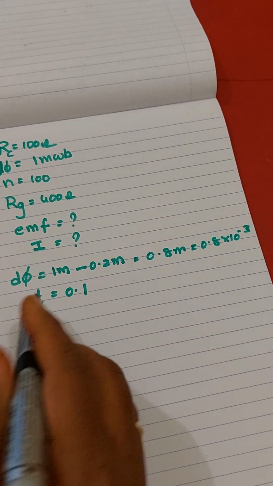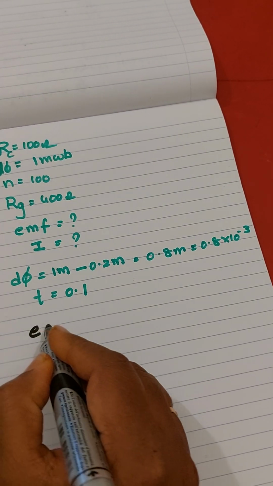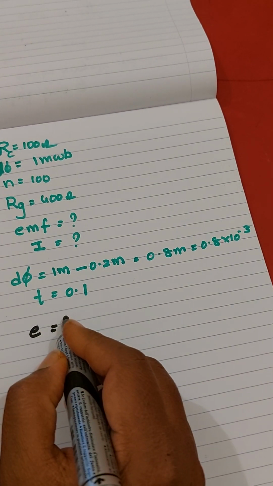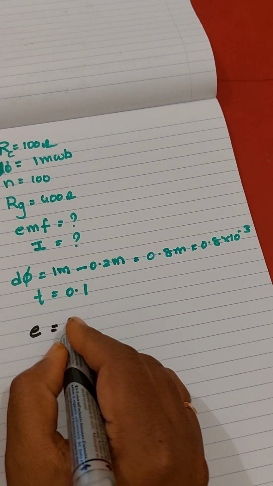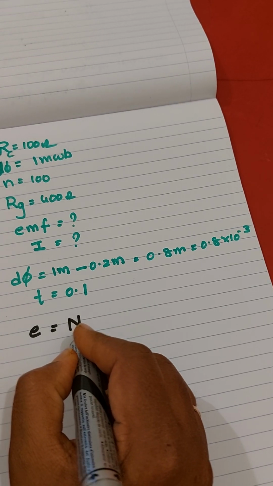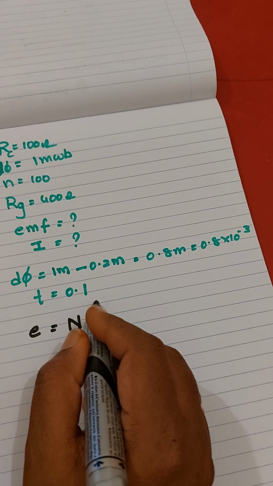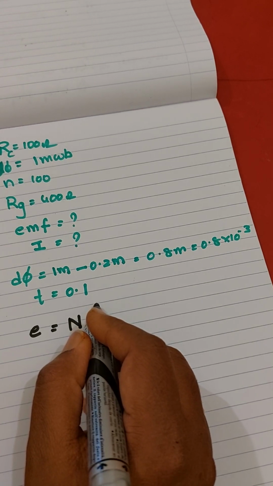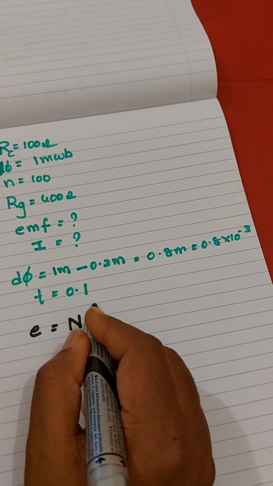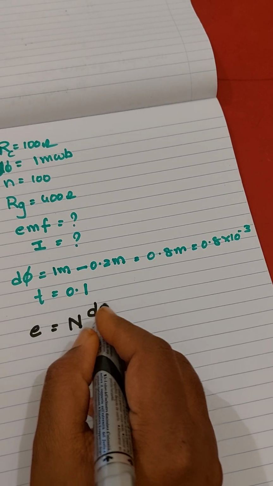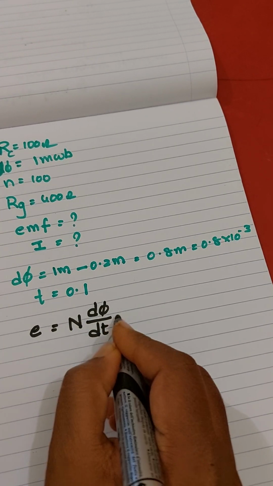Now they are asking us to find the induced EMF, E. Induced EMF is what? Number of turns into rate of change of flux, right? So what is the rate of change of flux? Rate of change of flux is d phi by dt.